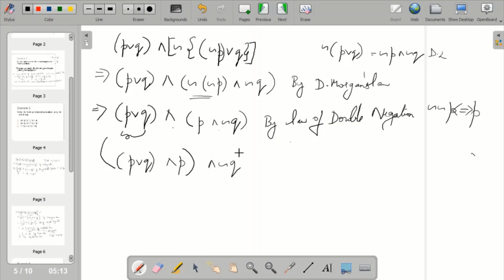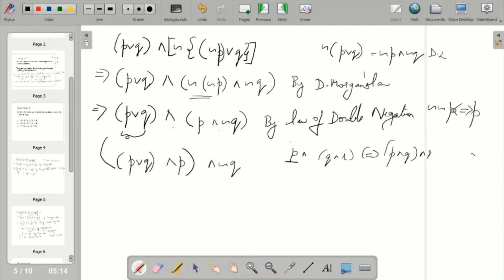You know what is associative law? What is the concept of associative law? If P and Q and R, then you can just change the bracket, P and Q and R. Same thing I applied here.